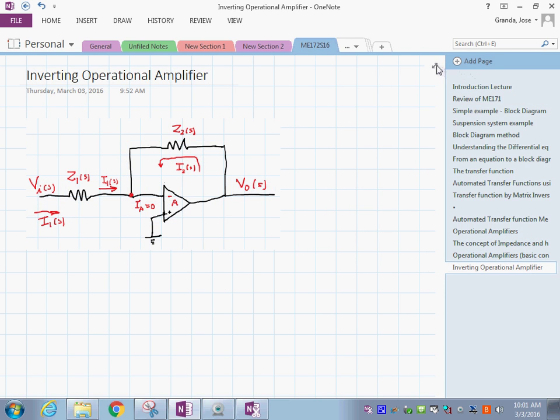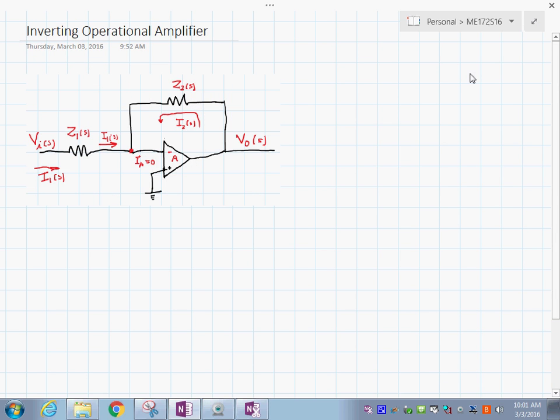We have the input current here, and then we have the resistor. Remember, this is the impedance, the resistance, and you connect it in this way.